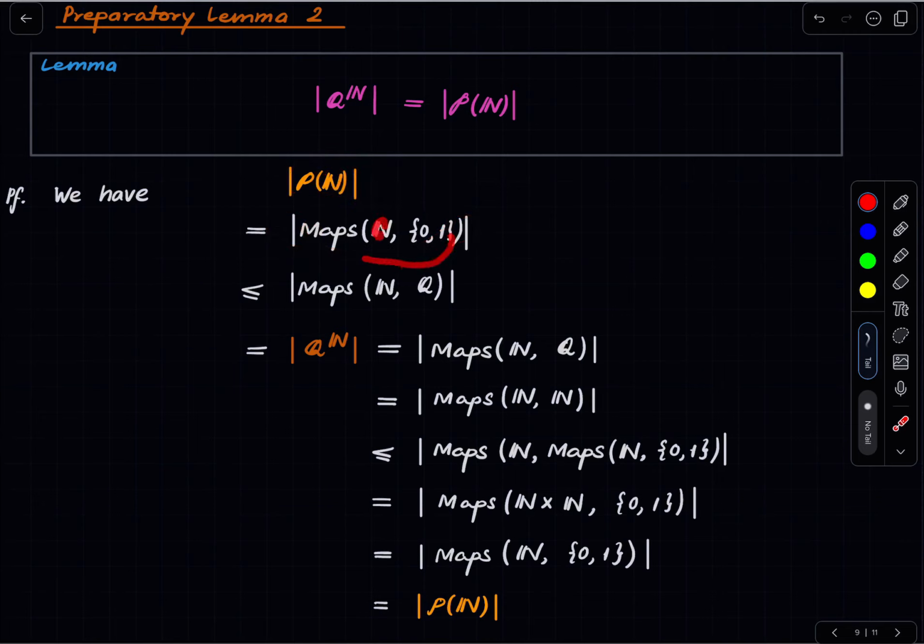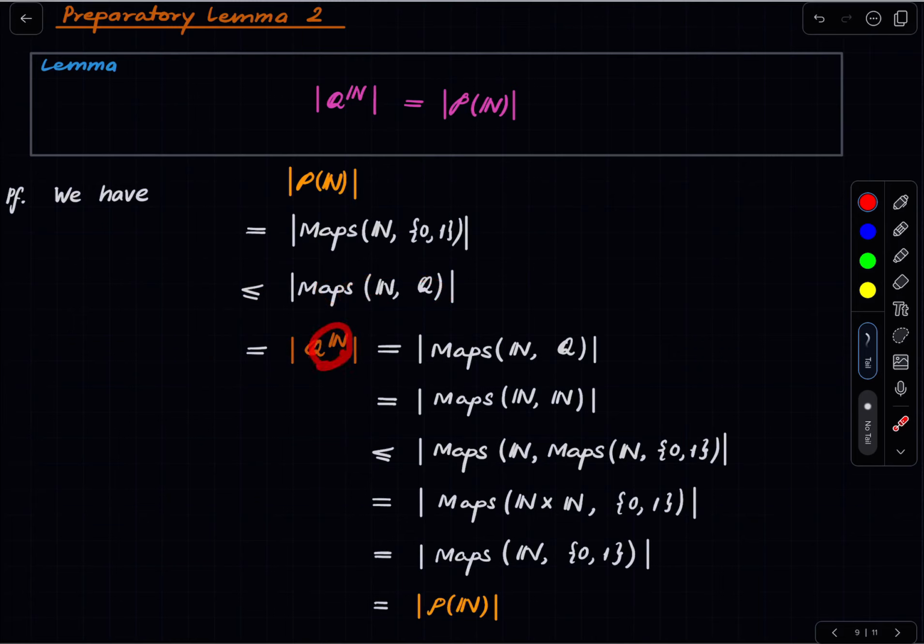But now since this is contained in rationals, the cardinality of the previous thing is at most the cardinality of the next thing. Clearly this is a bigger set than that. Everything here is contained here. So we have a less than equal to sign. But this by definition is equal to that.